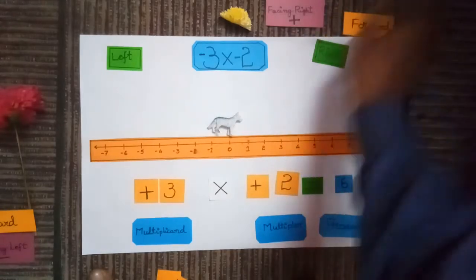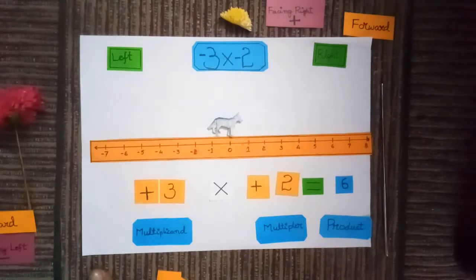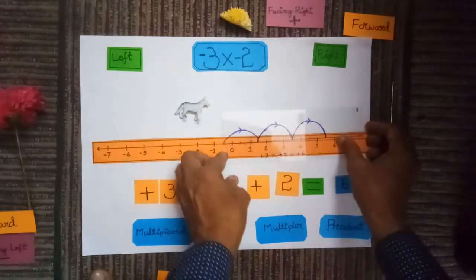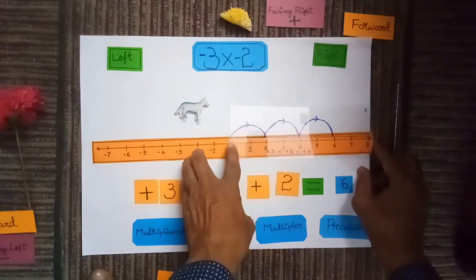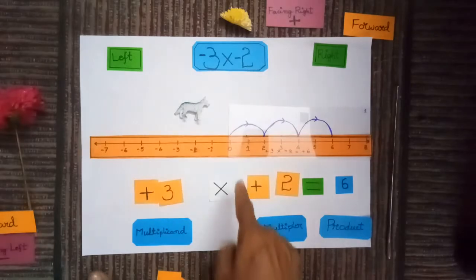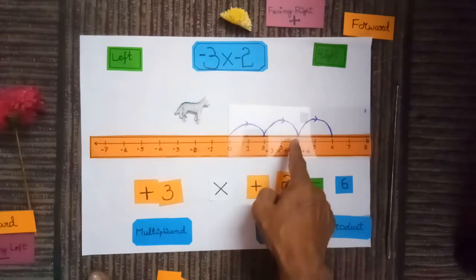So let me keep these pieces aside and see, this is the meaning. It is jumping like this. It is hopping or jumping. Okay, so in one jump it has covered 2 units. That is the multiplier 2. This is the second jump.